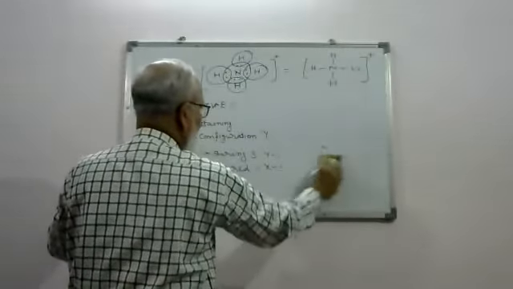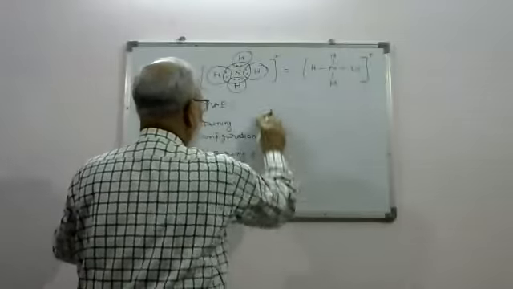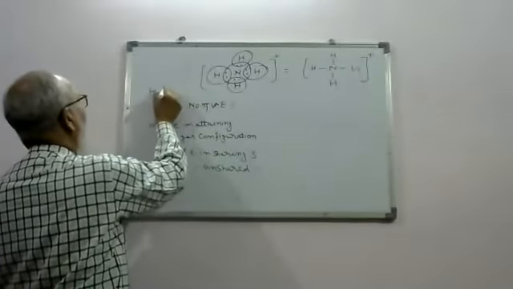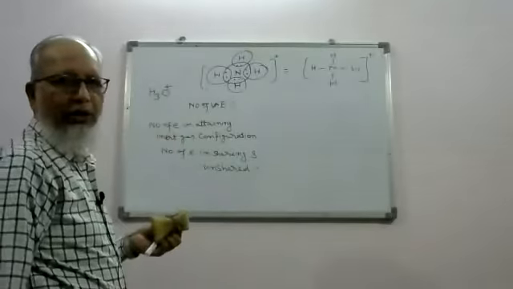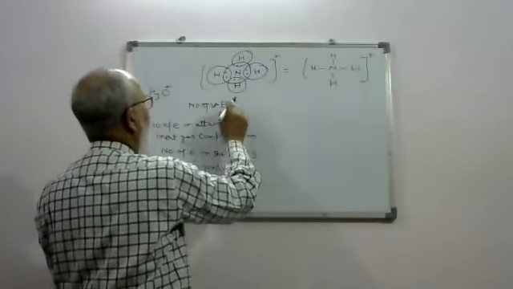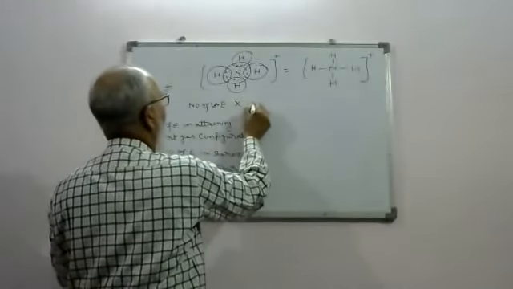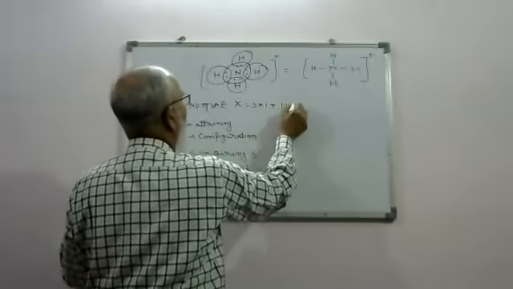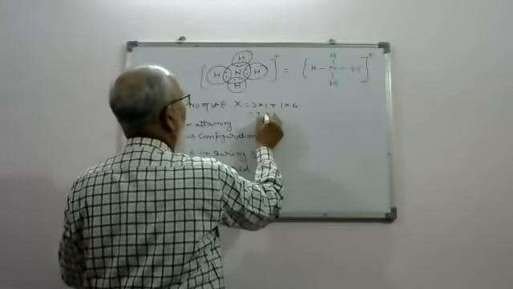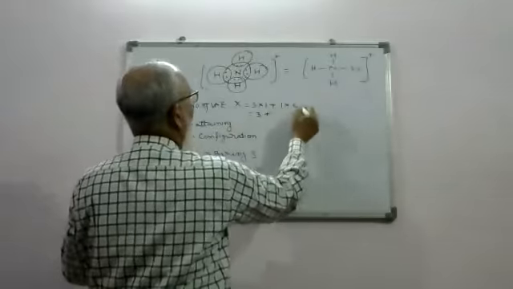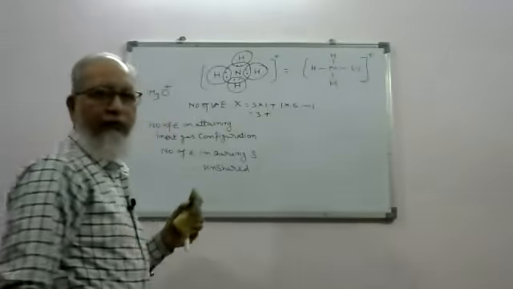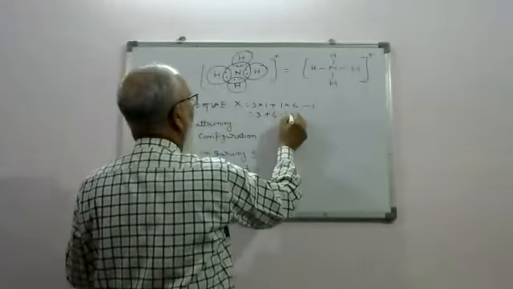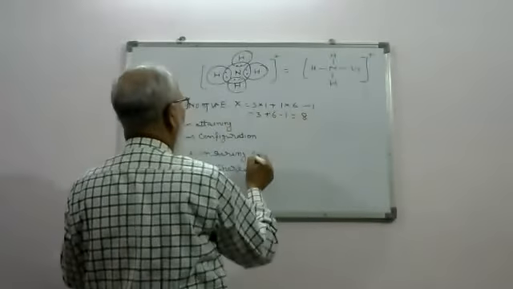Suppose I am taking H3O plus, hydronium ion. Number of valence electrons X is equal to 3 into 1 plus 1 into 6. This is equal to 3 plus 6 minus 1 for one positive charge, which is equal to 8.